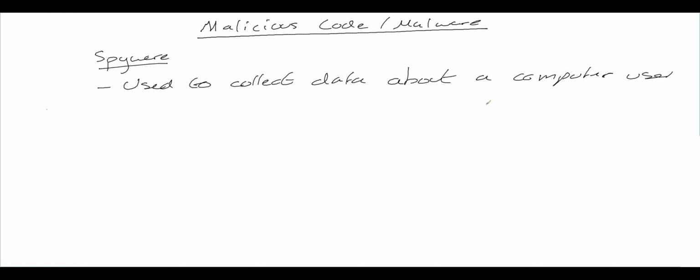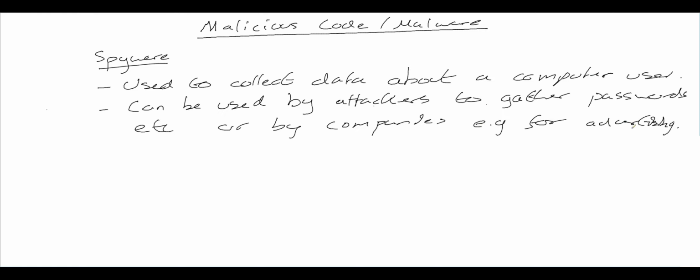This is used to collect data about a computer user. So it can be used by attackers to gain passwords, for example, from users' computers, or by companies. A lot of online based companies have been known to gather personal information to allow advertisers to target individual adverts at people more effectively.